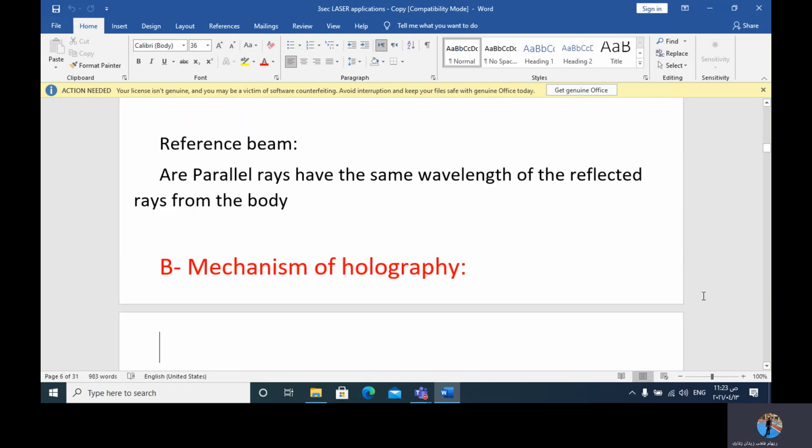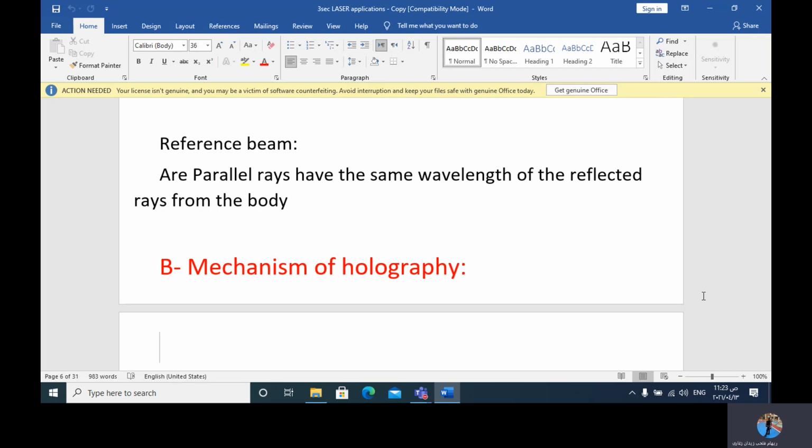Okay, using a laser to form holography depends on a very important mechanism, which is that you have the rays coming out from the laser. Now, if I split the laser beam into two parallel groups, of course, laser has coherent waves.